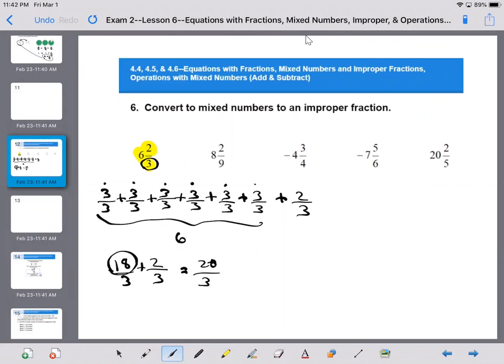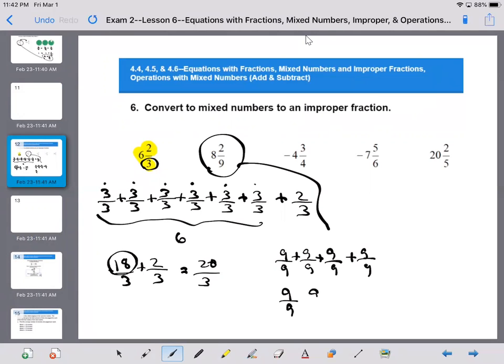This 8 2/9 just means that there's 8 groups of 9/9. And then there's one more 2/9.